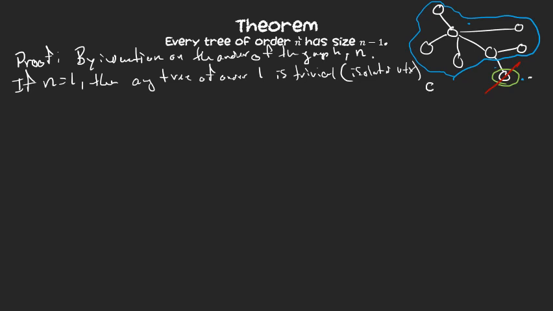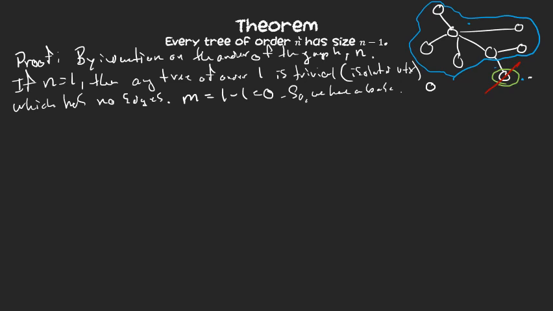So something like this, which has no edges. And so in that case, m, the number of edges, is 1 less than the number of vertices. And so it holds there. So this establishes a base for induction. So we have a base.